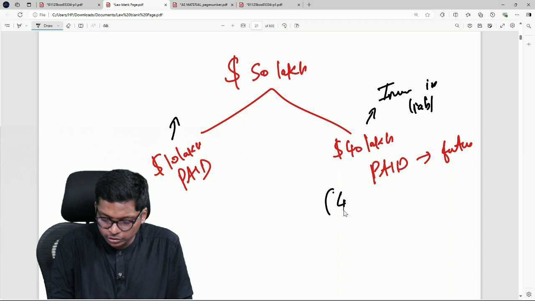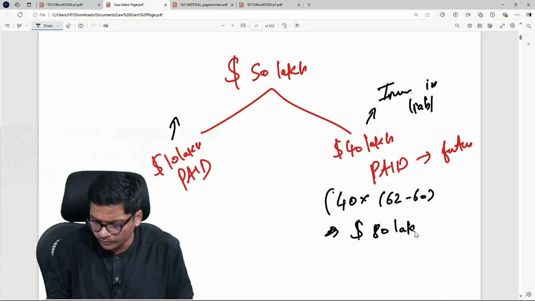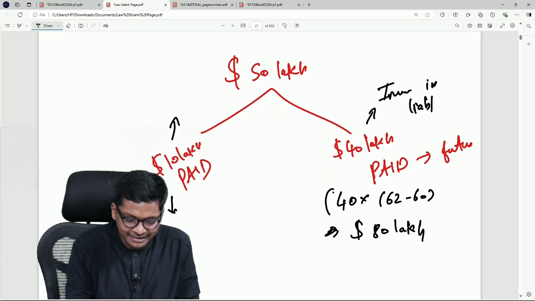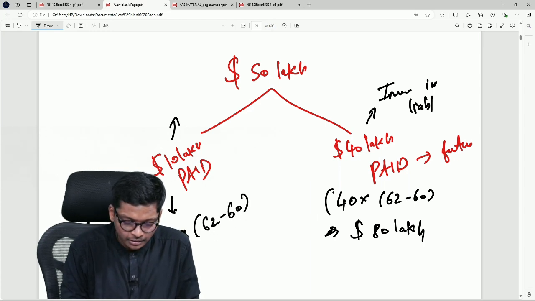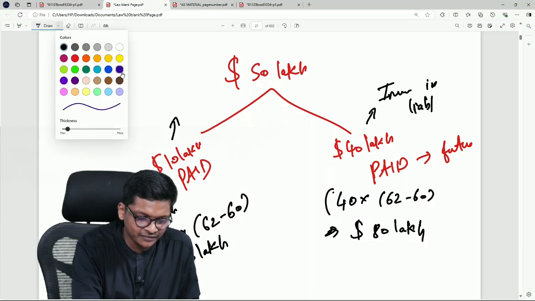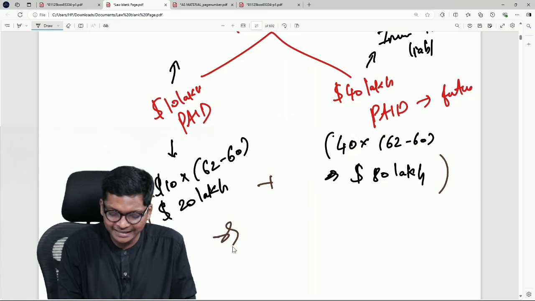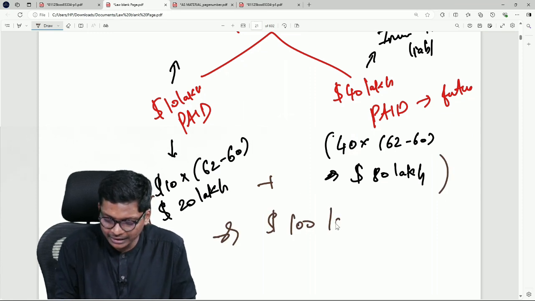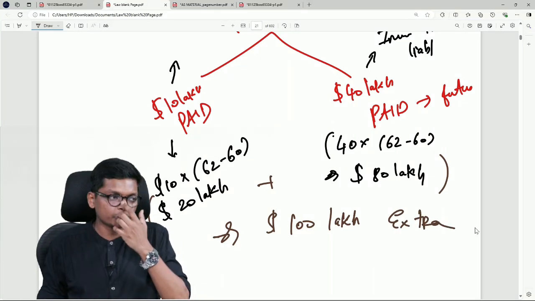So, for this it is going to be 40 into 62 minus 60, which is 80 lakhs. This side is going to be 10 lakh into 62 minus 60, which is 20 lakhs. So, effectively, what is the extra I am paying, guys? 20 lakh plus 80 lakh, which is 100 lakh.